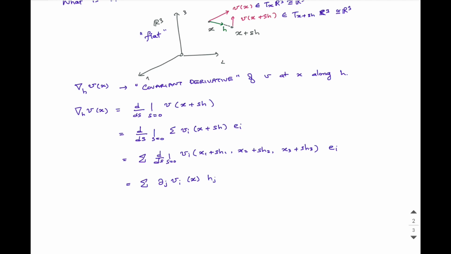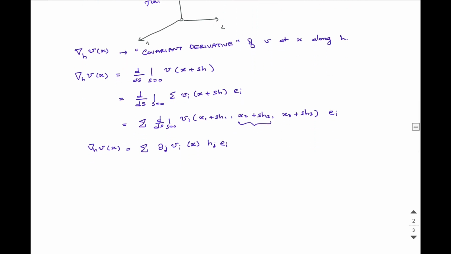Remember that you first take the derivative with respect to some argument and then take the derivative of the argument with respect to s, which gives you the corresponding component of h. That's exactly what is happening here. So the j here pairs with the j here. Okay, that's important. e_i.